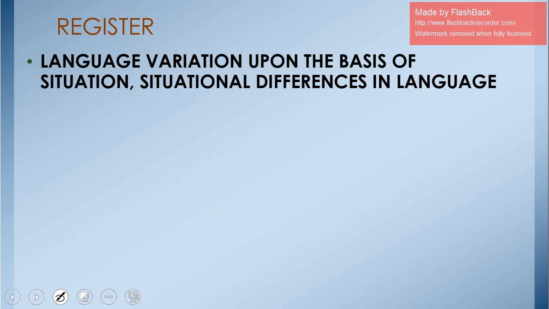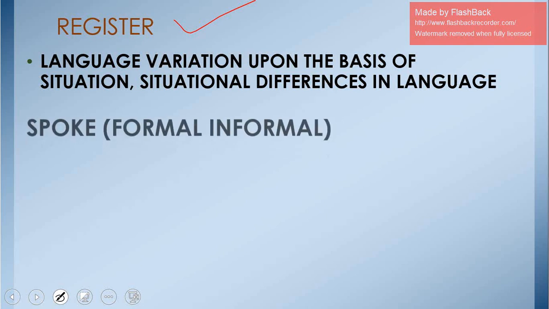We speak differently in a business meeting, and we write differently in an email or on Facebook or Instagram. These situational differences in language are called register, right? The varieties which depend on the situation you are in are register.